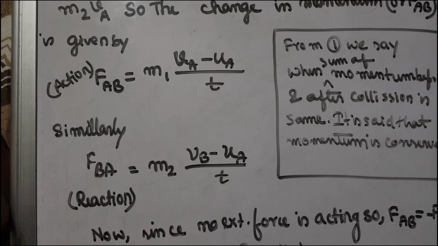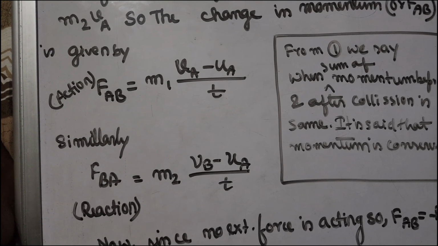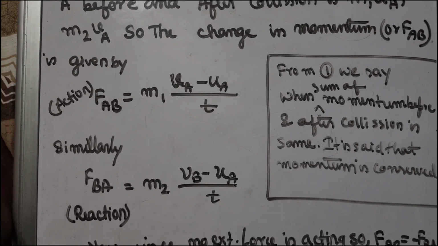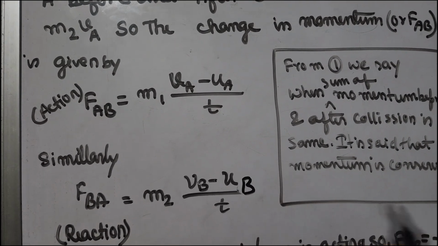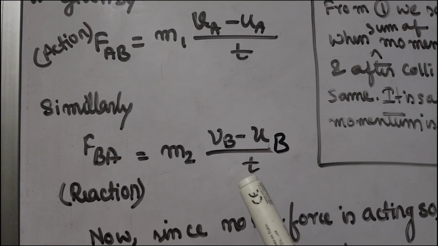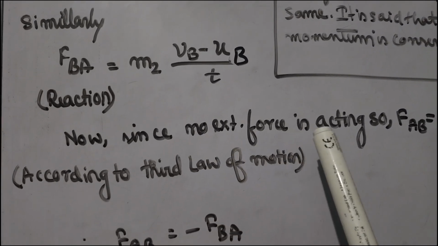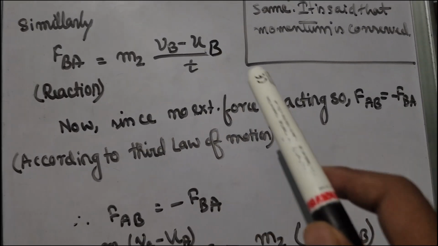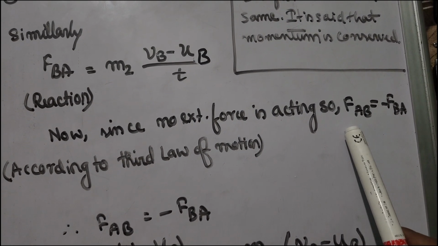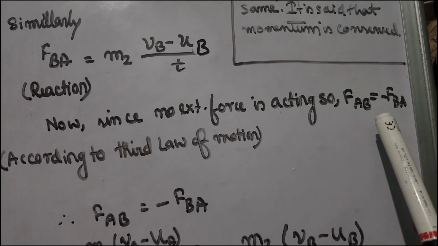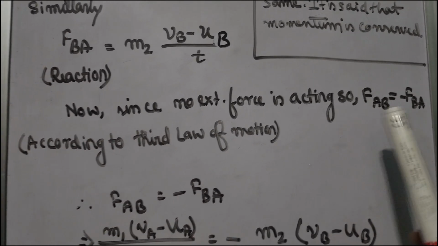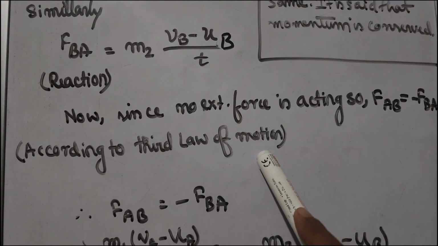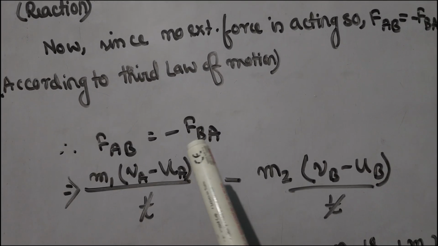Similarly, reaction FBA, the force exerted by B on A, is equal to m2(vb minus ub)/t. Now, since no external force is acting on the system, FAB, the force exerted on B by A, is equal to the negative of FBA, the force exerted by B on A, according to the third law of motion. Therefore, FAB is equal to minus FBA.